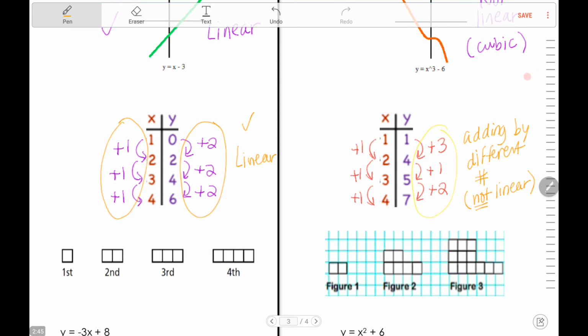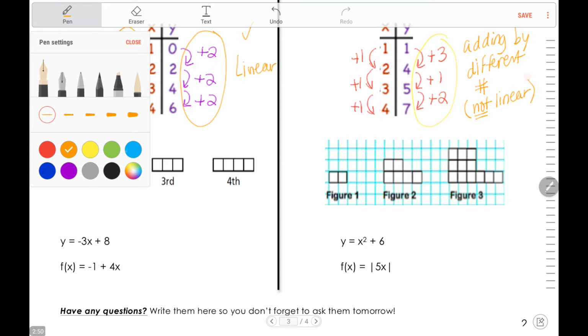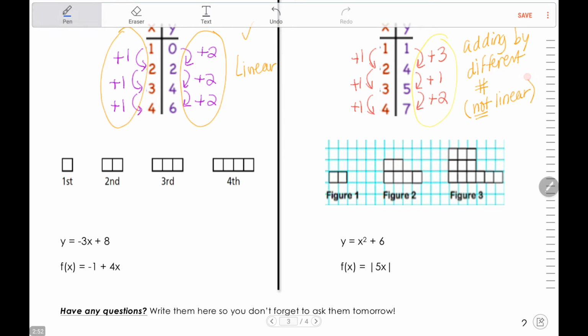Great. The same thing is true when we look at blocks and patterns. So in the first one, what I want to do is write down how many blocks are in each. So in this first stage, there's 1 block, then there's 2 blocks here, then there's 1, 2, 3 blocks, and then there's 1, 2, 3, 4 blocks here.